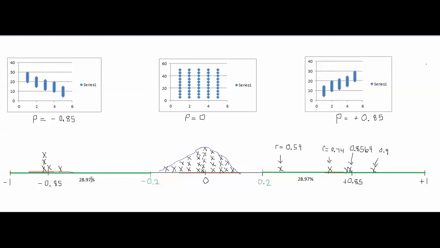And since we know these percentages, it's possible to change these percentages to probabilities. I'll show you how we can do that.